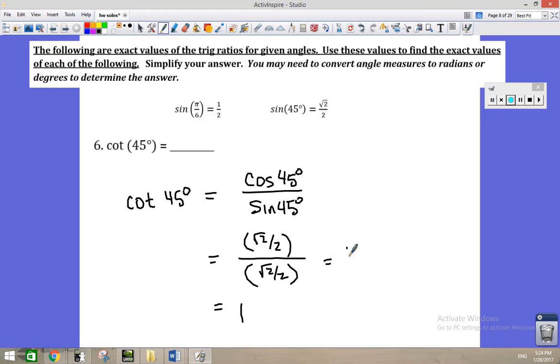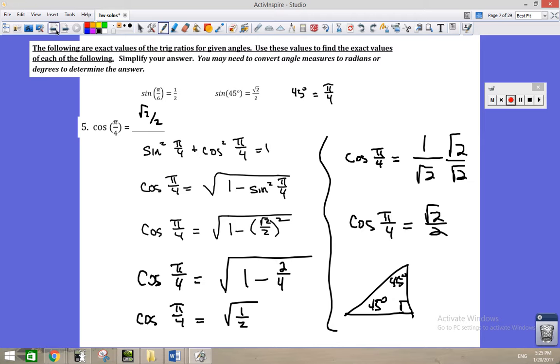If you can't see that, you could change the division to multiplication by the reciprocal, and you'll see that the 2's cancel and the radical 2's cancel. But I think it's pretty apparent that you can just go there directly, that this numerator and denominator are equal to each other. They simplify to the number 1. So that's our answer here for number 1, and we used the quotient identity and a previous answer that we solved in number 5 to get it.